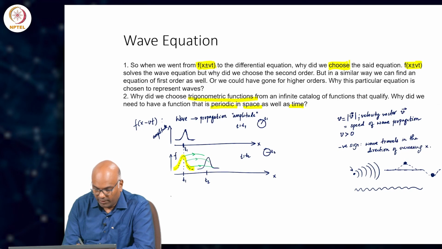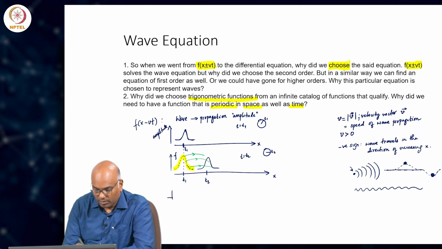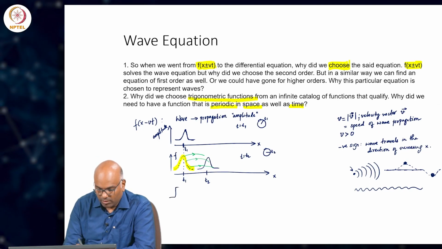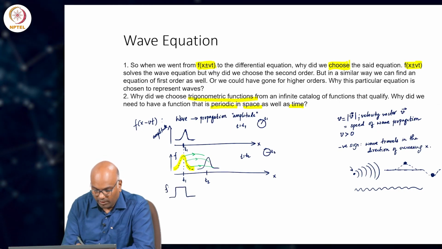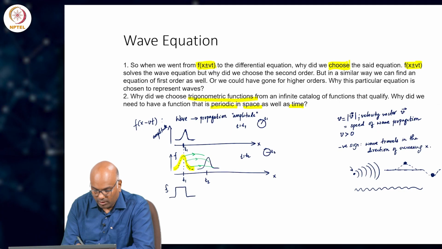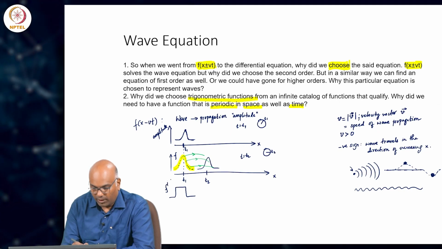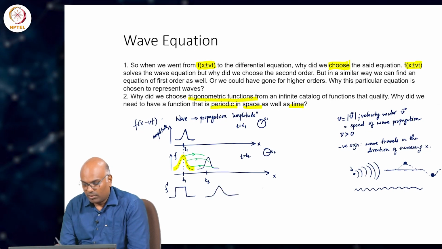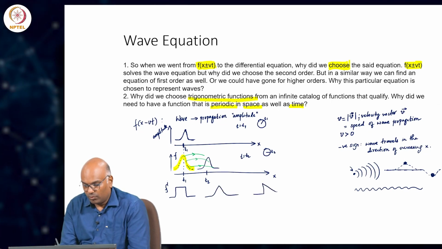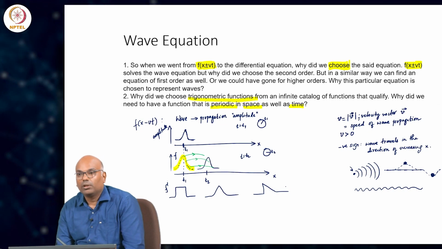You could well have had a different f. This could also have been some other f, say f prime, a different f. You could have had the f to be a triangular function, a sawtooth function, and any which.